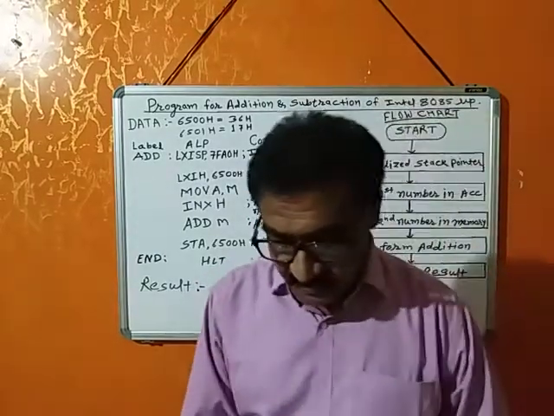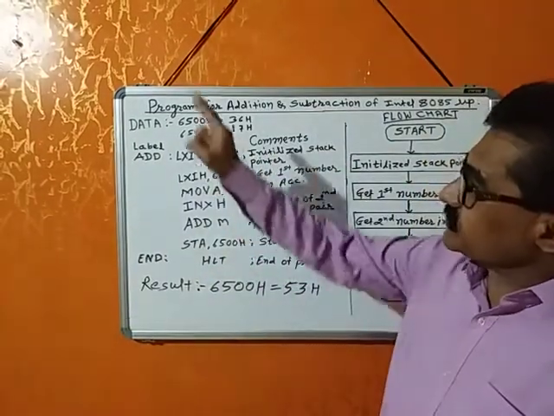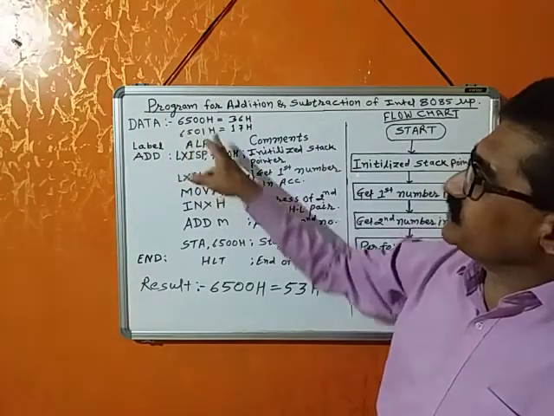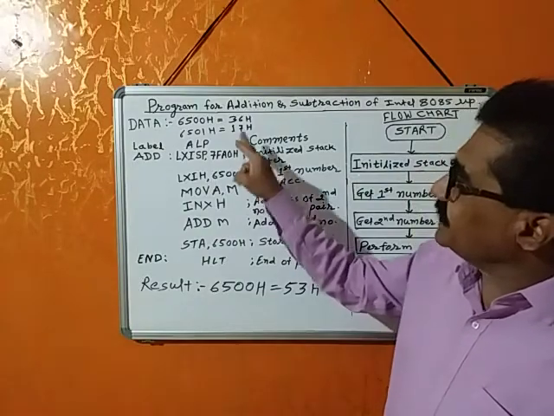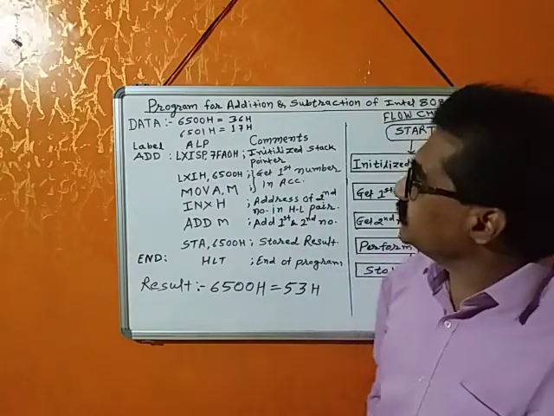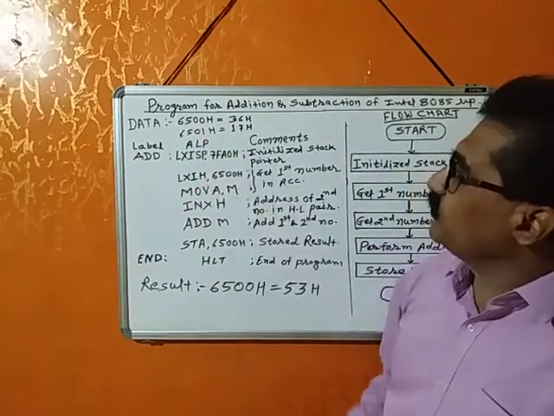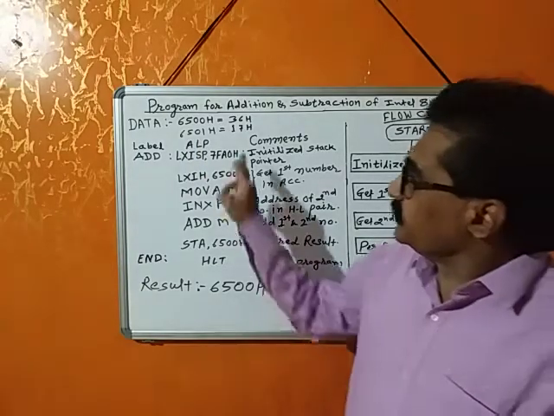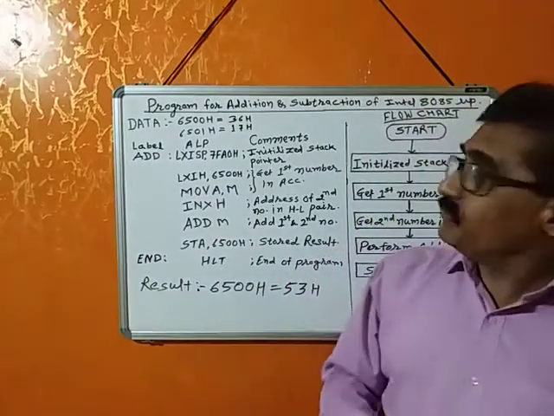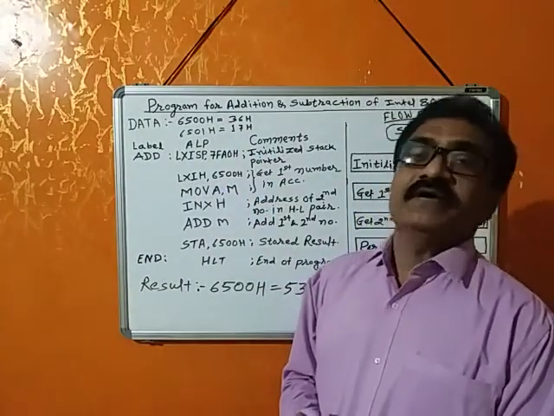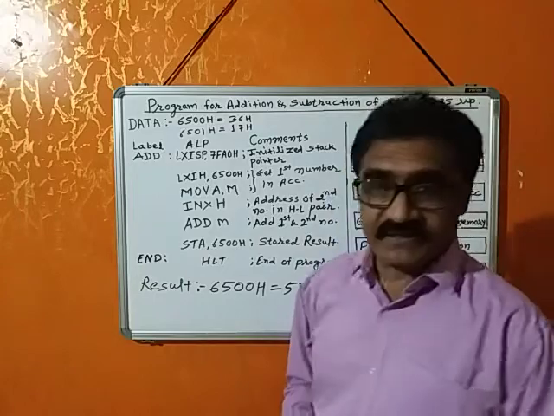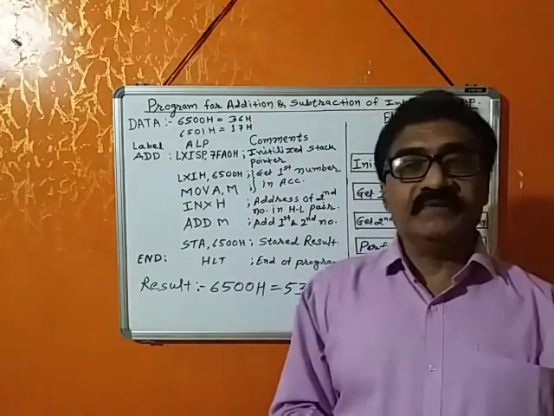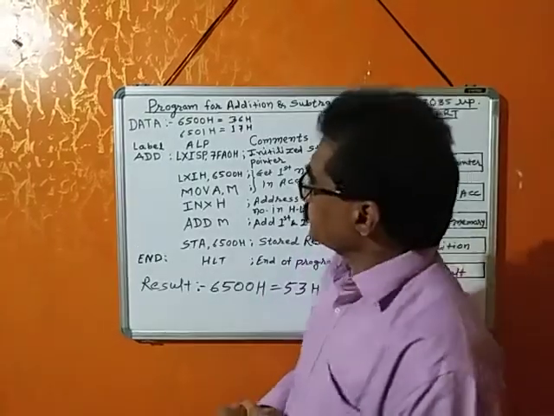Here we take two numbers: the first number is stored in memory location 6500H, that is 36H, and 6501H, that is 17H. The two numbers are stored in two consecutive memory locations, and the result which will be obtained is stored in memory location 6502H.